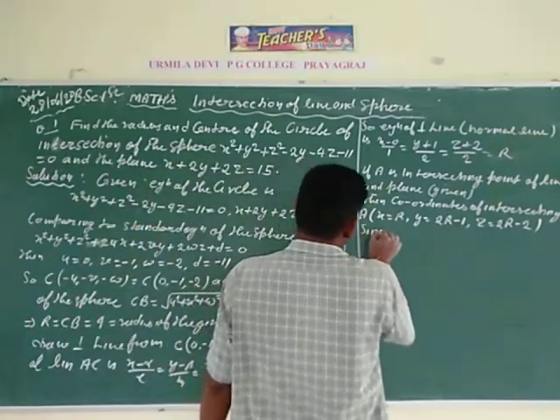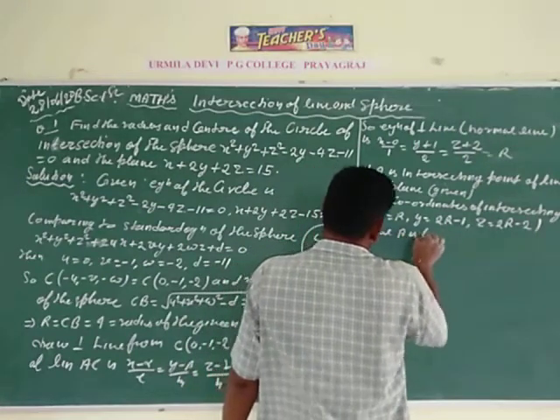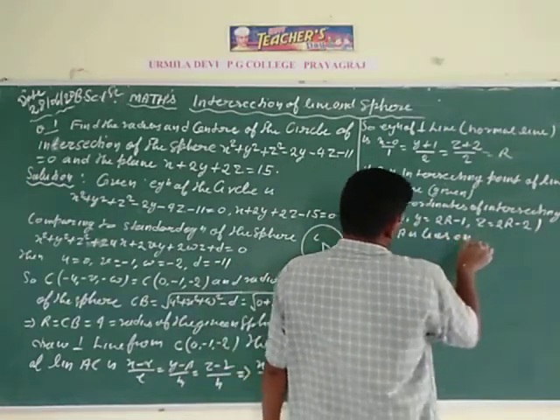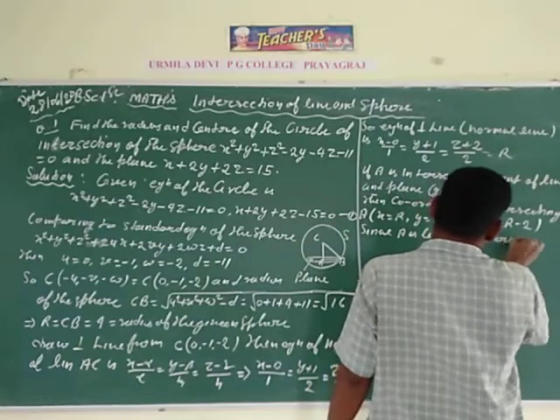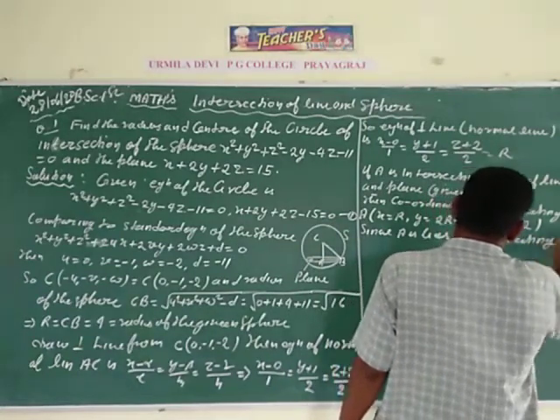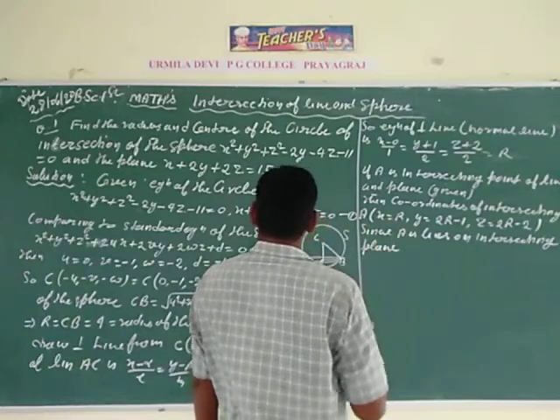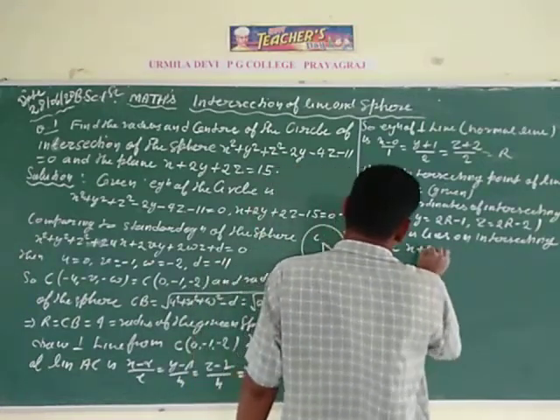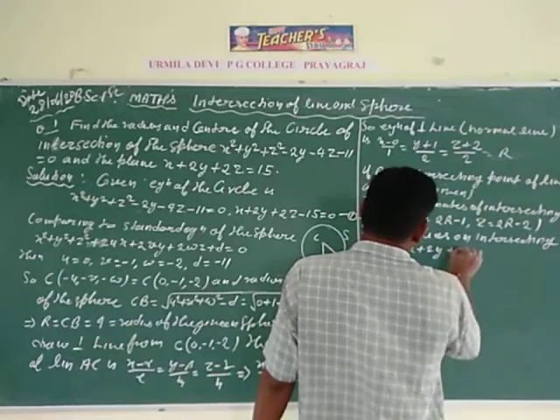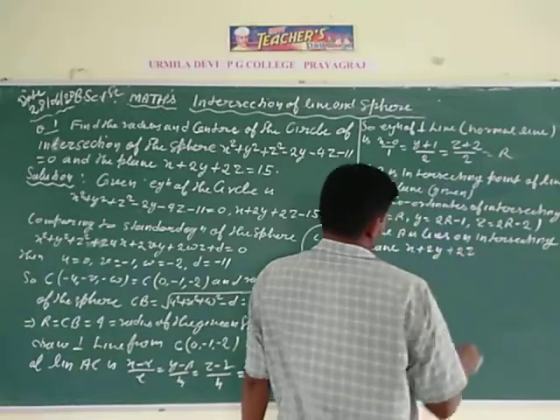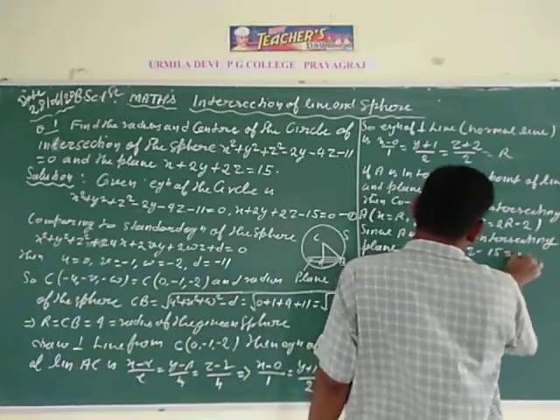Since capital A lies on the intersecting plane, whose equation is x plus 2y plus 2z minus 15 is equal to 0.